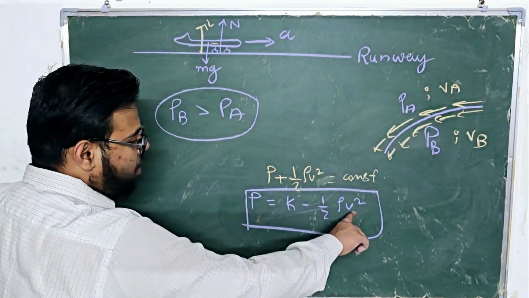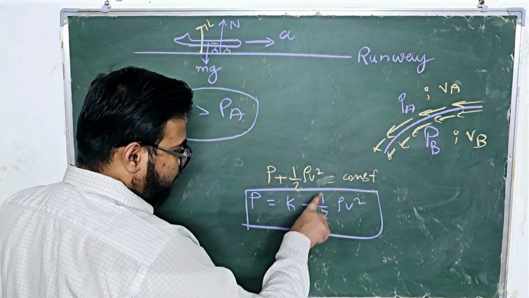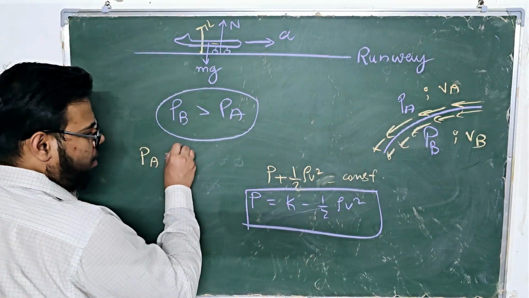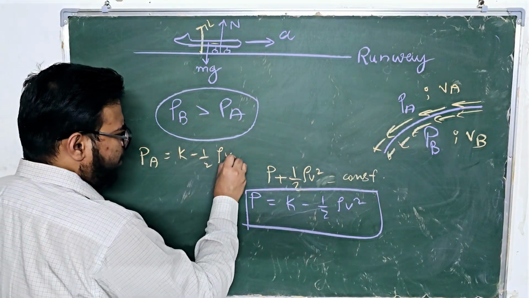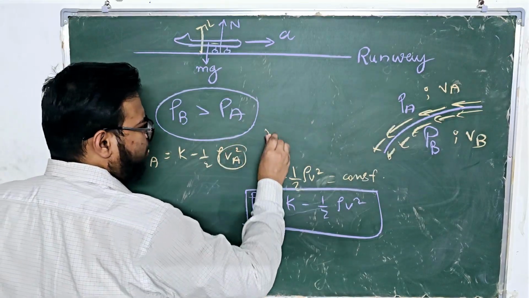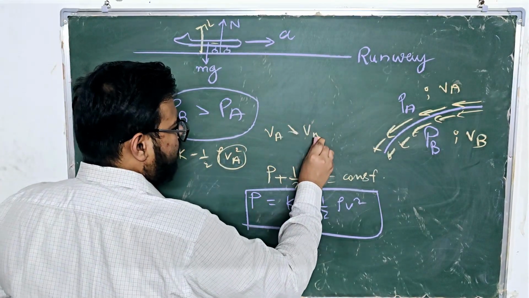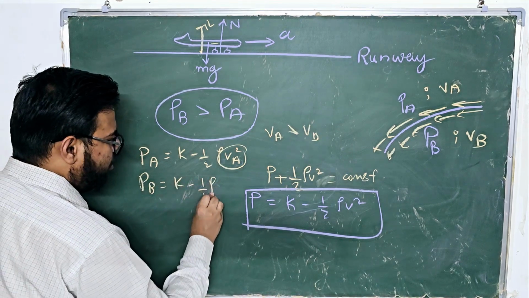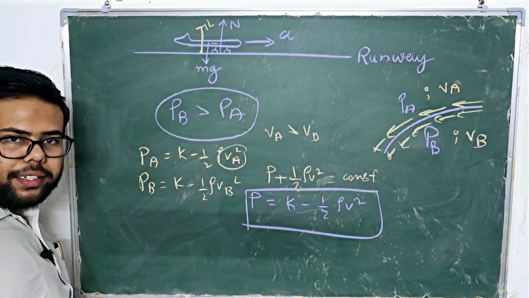Due to which the velocity will not be the same in both cases. So suppose PA will be K minus half rho VA square. Here VA is greater than VB. So PB is K minus half rho VB square. Correct?